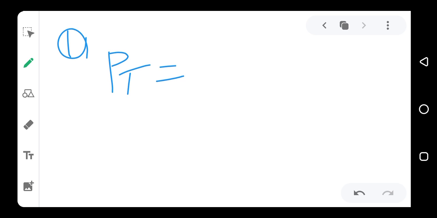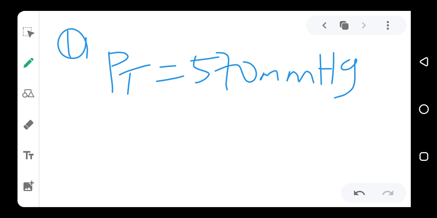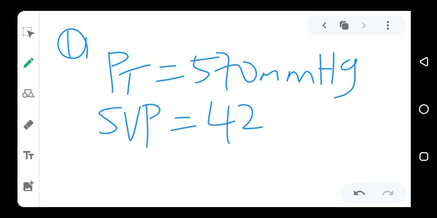It is equal to 570 mm mercury in the question. And we are given SVP, saturated vapor pressure of water, as 42 mm mercury.